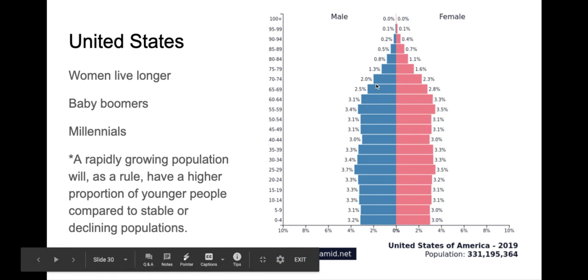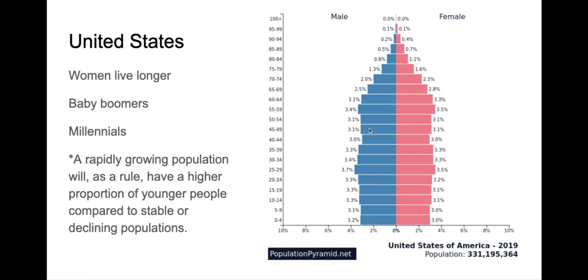For example, if we look here, we can see that at first there is not a difference between male and female numbers, right? But we can also see that women are living longer as they age, so they are reaching an older age in bigger numbers. So we do have more women living longer.